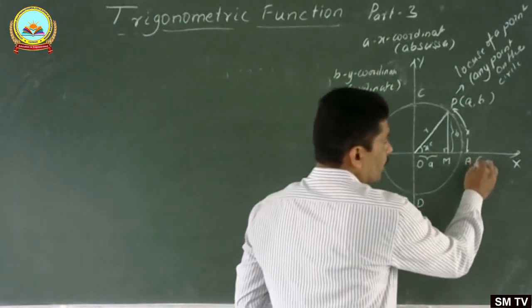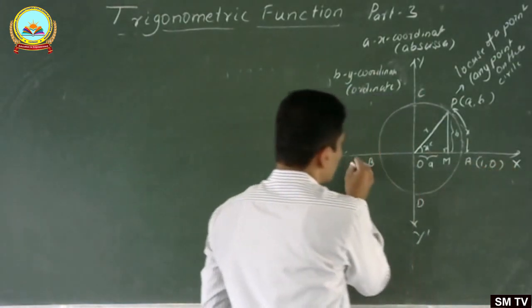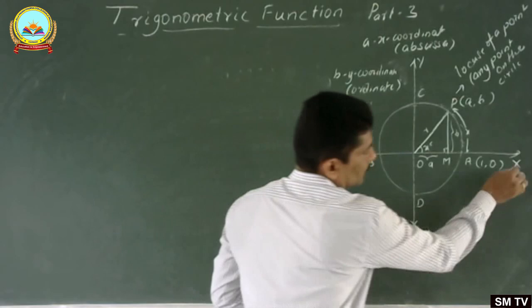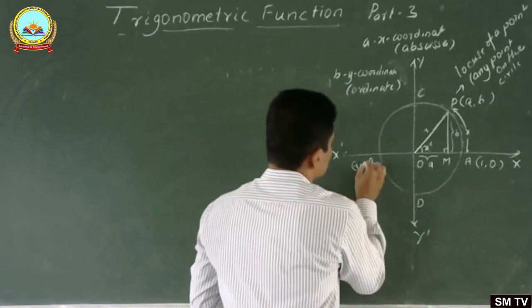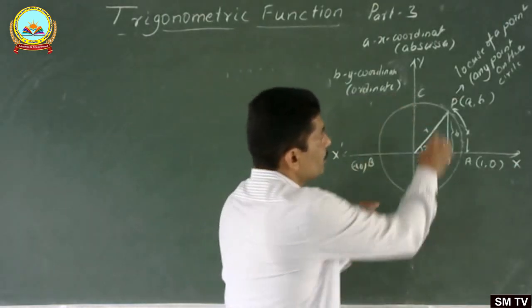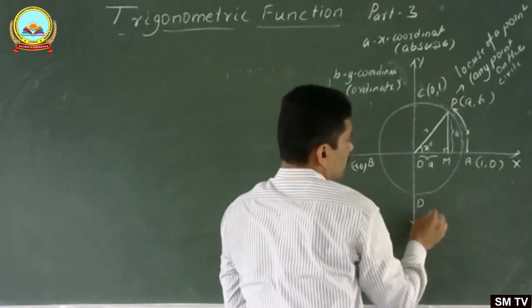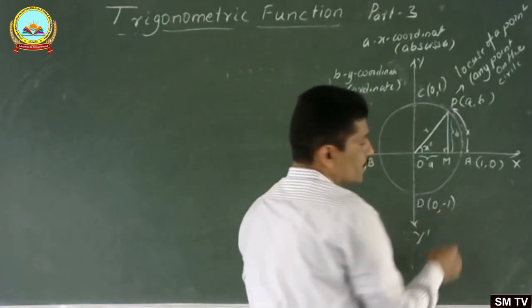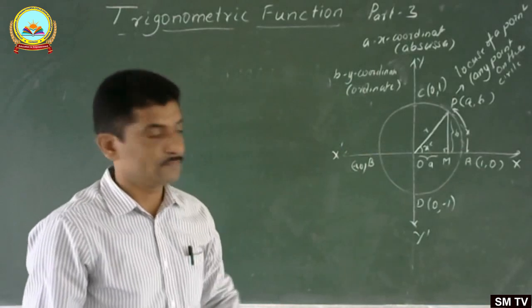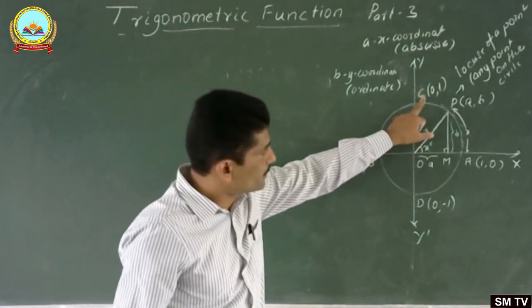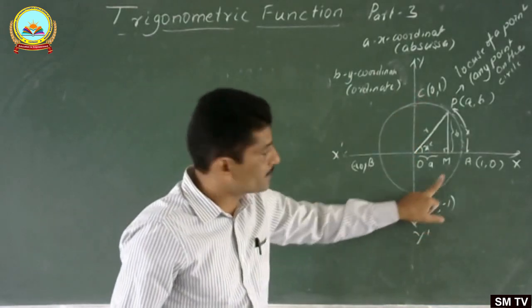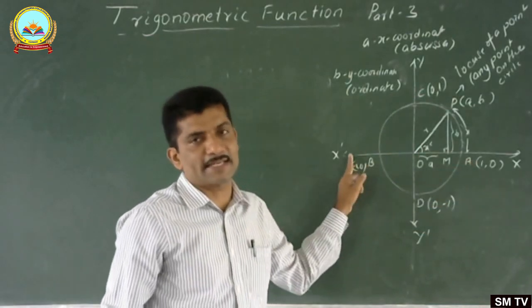Therefore, the coordinate of A is 1, 0, the coordinate of B is minus 1, 0, the coordinate of C is 0, 1 and the coordinate of D is 0, minus 1. These points lie on the y-axis, and these points lie on the x-axis.